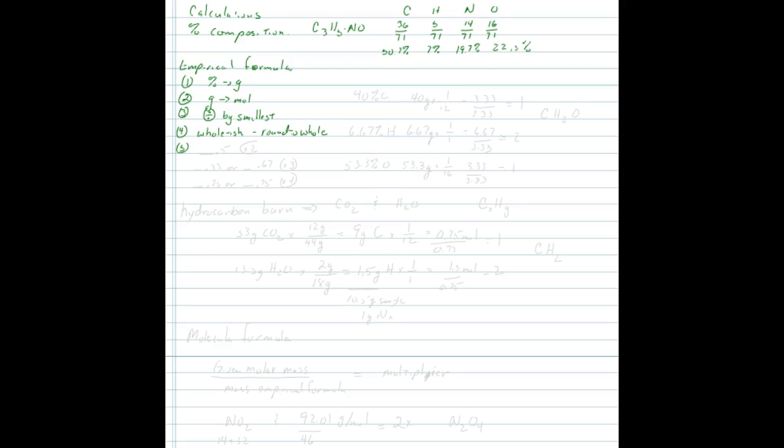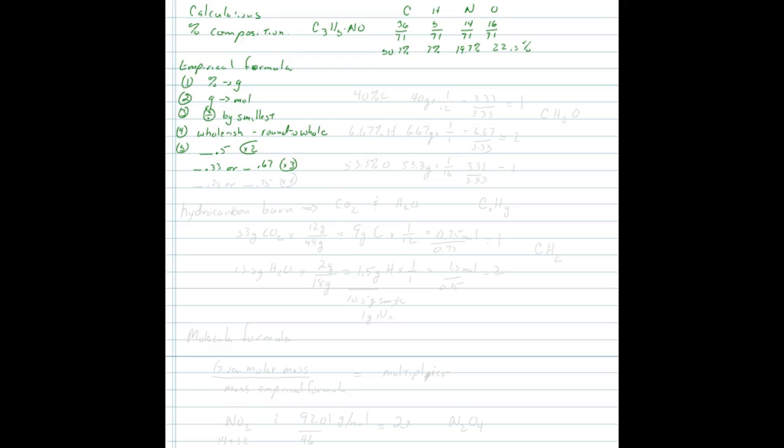So if you have something that ends up with a 0.5, if you multiply every ratio by 2, then that'll eliminate that 0.5 and you'll get whole numbers. If you're close to 0.33 or 0.67, this is 1/3 or 2/3, so you'll multiply everything by 3 and round.